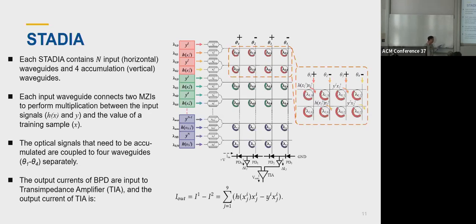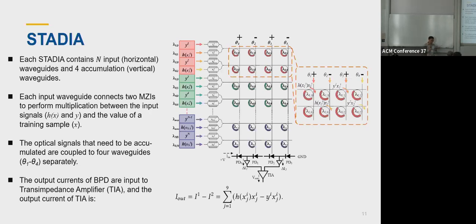Each input waveguide contains 2 MZIs to perform multiplication between the input signal h(x) minus y with the value of the training sample X. And there is an MR at each waveguide intersection to control whether the input signal should continue propagating in the input waveguides or should be coupled into the corresponding accumulation waveguides.